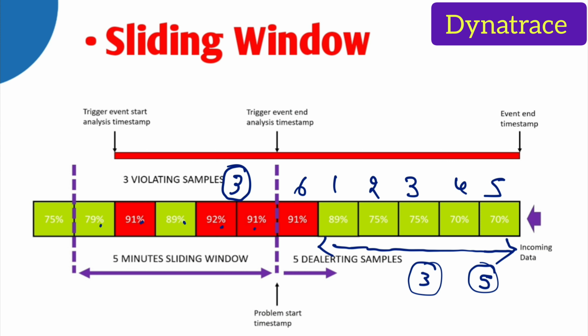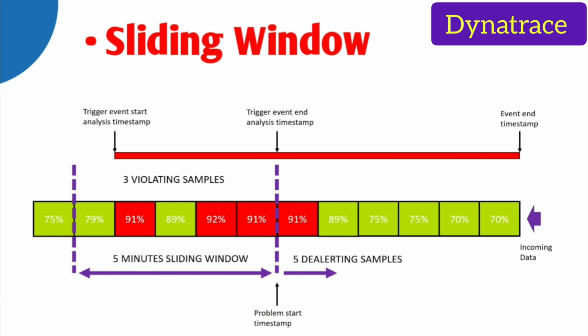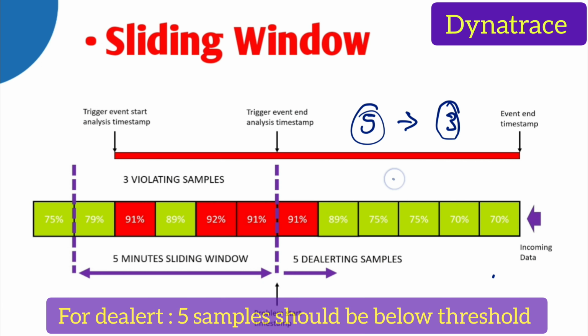That indicates to Dynatrace that CPU usage is below the threshold, so it should close the alert. So the overall concept is, out of 5, if 3 samples are violated, then Dynatrace triggers the alert. Then in the successive checks, it will verify 5 samples. If the 5 samples are below the threshold, then it will close the alert.